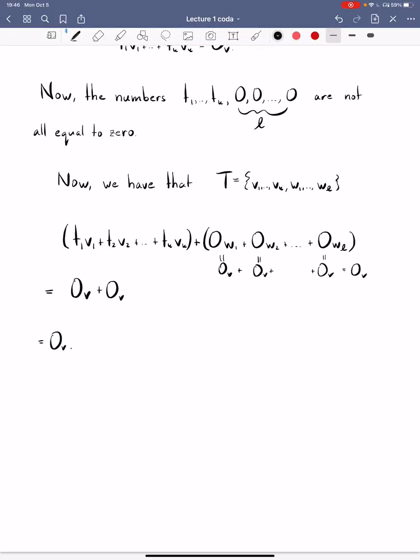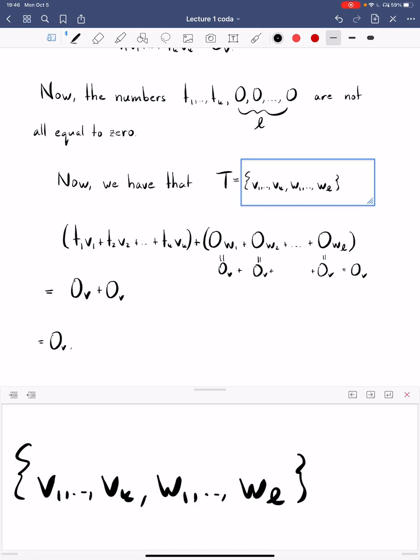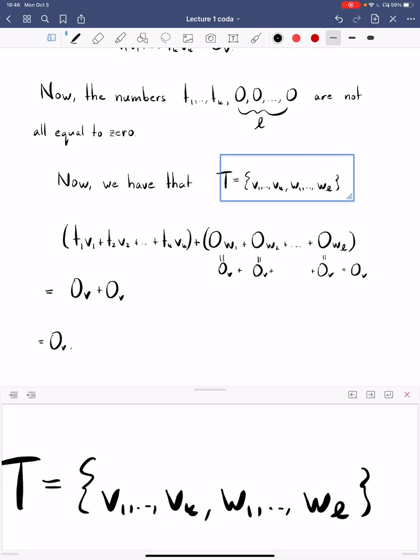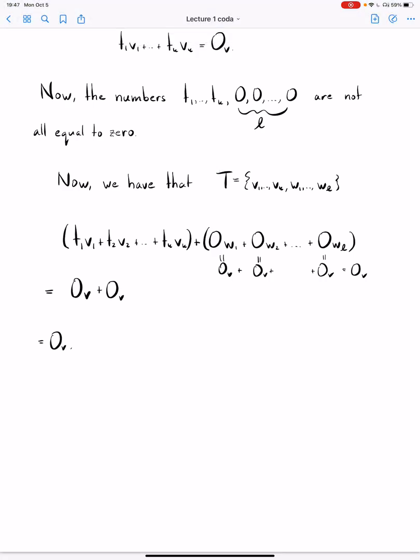So we've shown that S being a linearly dependent set contained in T infects T with the linear dependence of S, and T is also itself linearly dependent.